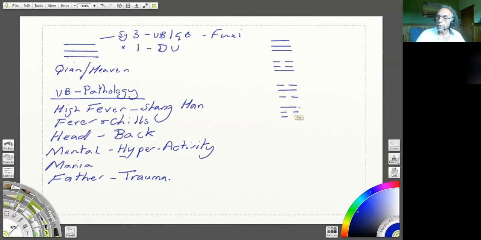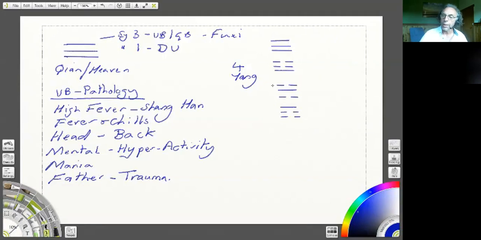And if we look at these, these are the four yang. And when we looked at the numbering, this is 1, 2, 3, 1, 2, 3, 4, 5, 1, 2, 3, 4, 5, 1, 2, 3, 4, 5. So all of these trigrams, the lines in them, they're odd numbers, and odd is yang.